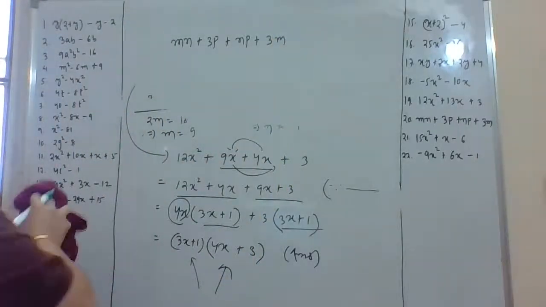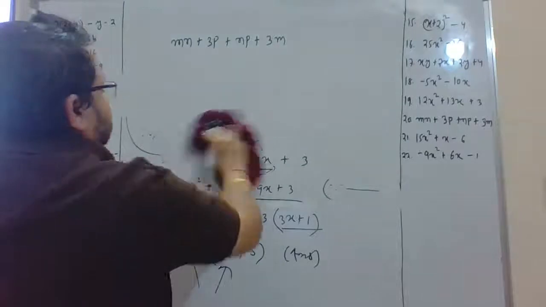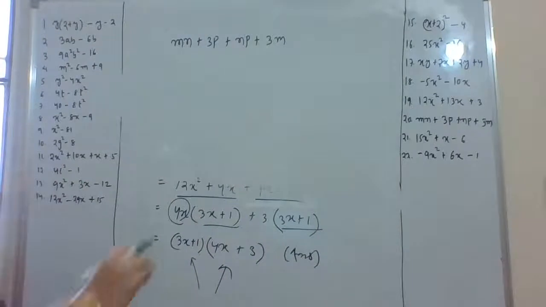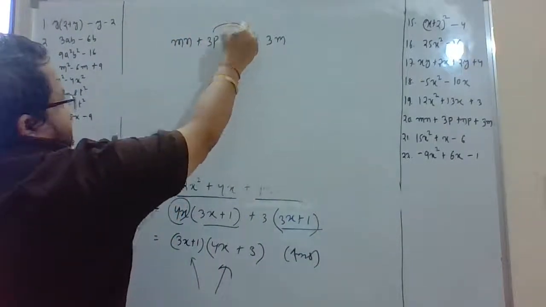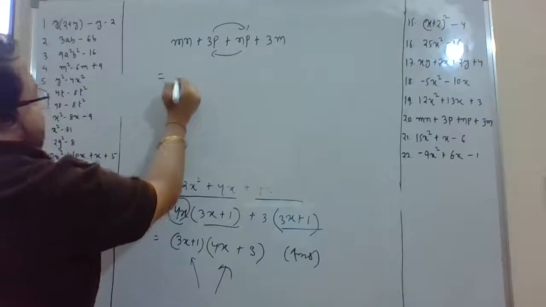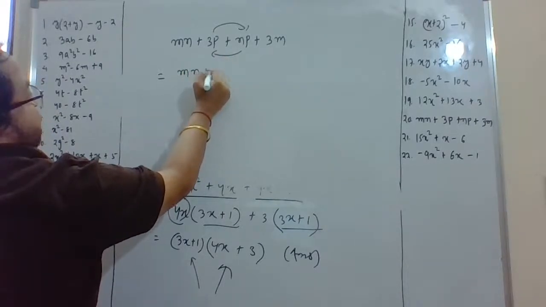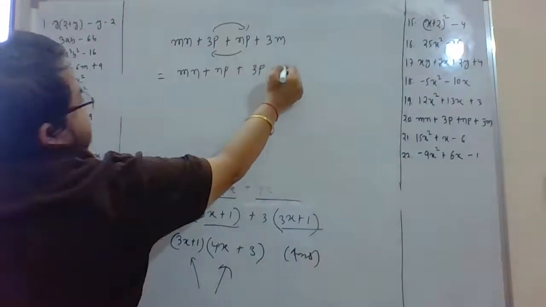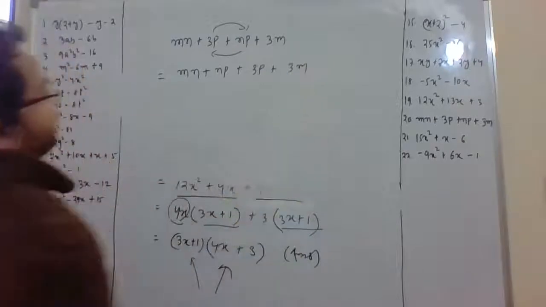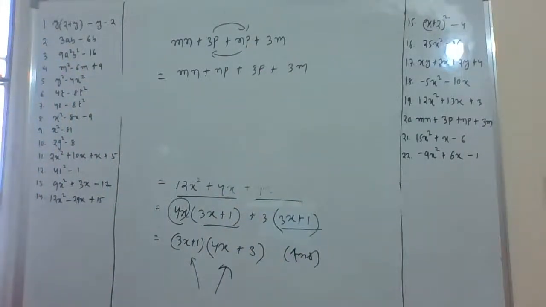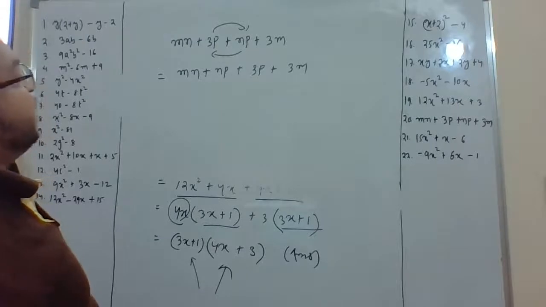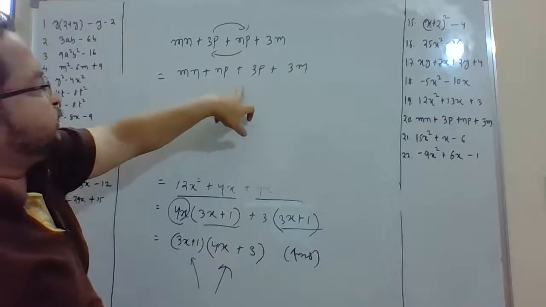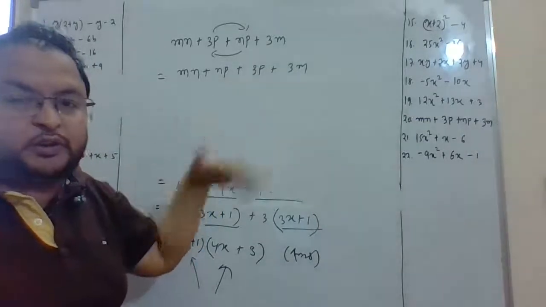Okay, so here if you see, if I replace this term to here and this term to here, I can rewrite it as mn plus np plus 3p plus 3m. Okay, so if I write it like this, then if you see, I will not get any effective common factor using which I can actually solve it further.